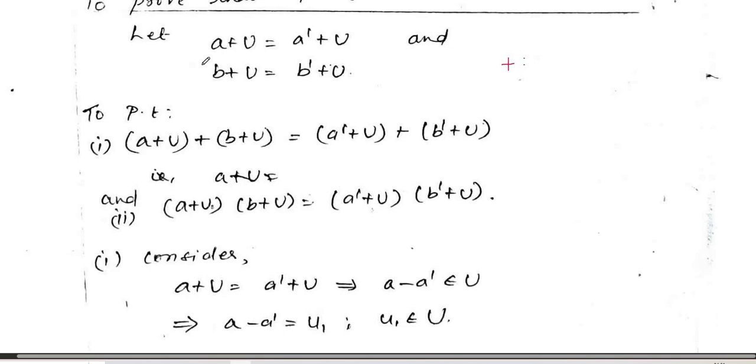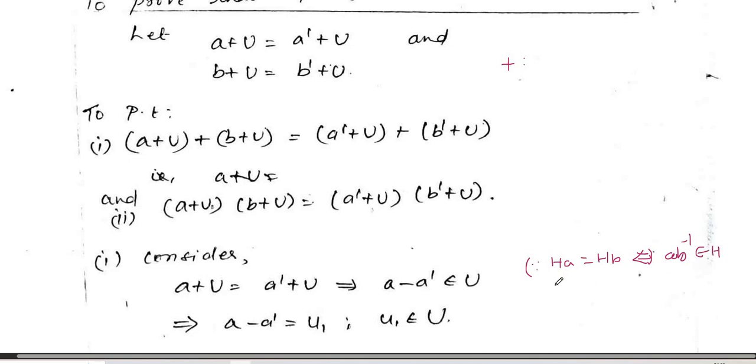Now because this is true, that implies that a minus a prime belongs to U. This is similar to your proof in group theory, that Ha equals Hb if and only if ab inverse belongs to H. In the same way, here addition is the operation.